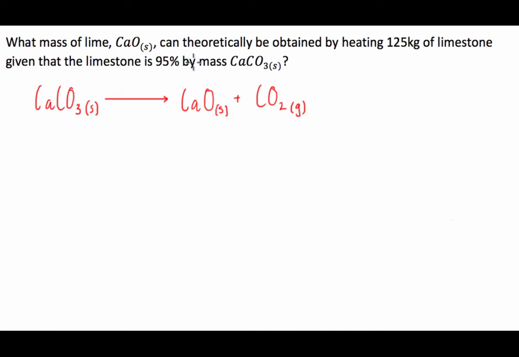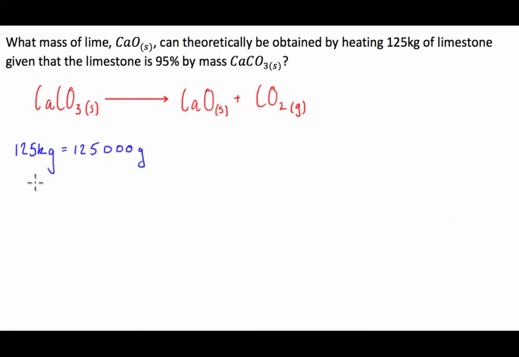So now we've got 95% by mass calcium carbonate, so we're going to work out how much calcium carbonate we're playing with here. First of all, we need to convert this to grams, so 125,000 grams. Now we work out the mass of calcium carbonate.